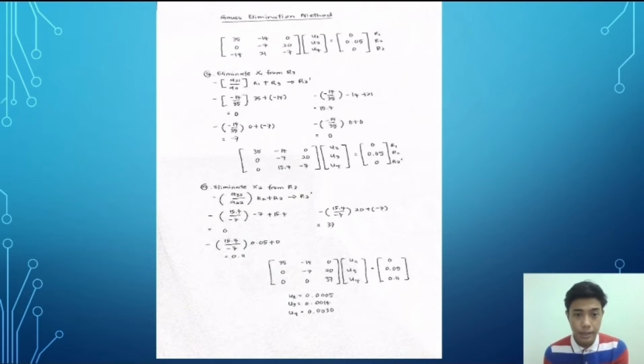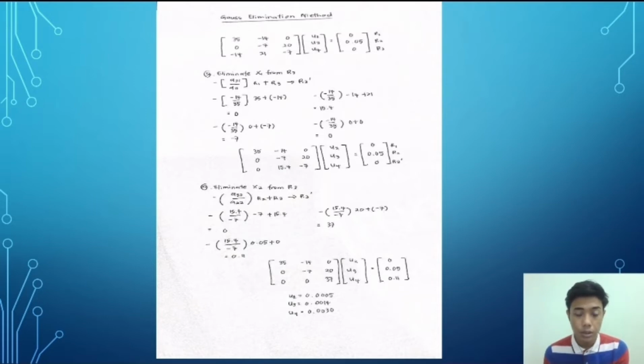And then we go to step 2. Step 2 is eliminate x2 from R3. So from that, you can see that there is 15.4. So we must exchange 15.4 to 0.